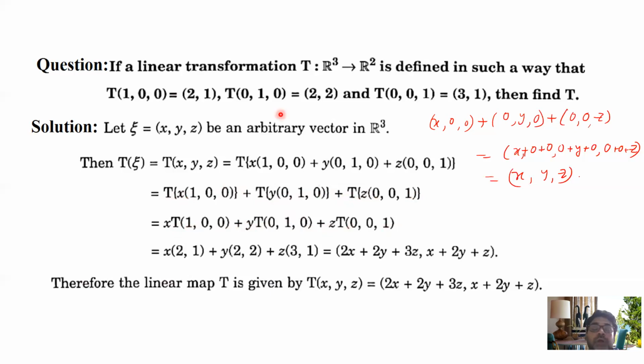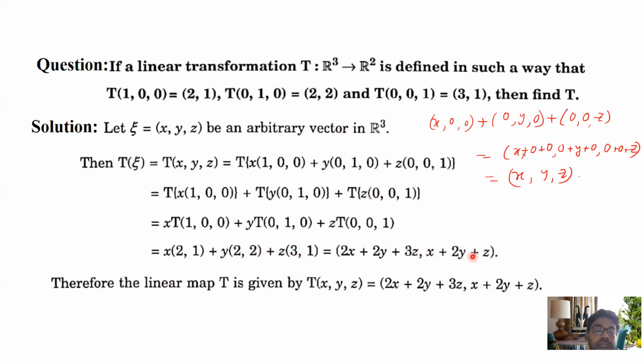Now you know from the given condition T of 1 0 0 is equal to 2 1, substitute here, plus y T of 0 1 0 is equal to 2, substitute here, and next T of 0 0 1 is equal to 3 1. So if you add component wise, that is 2x plus 2y plus 3z, comma x plus 2y plus z.